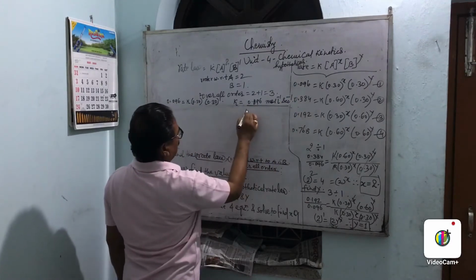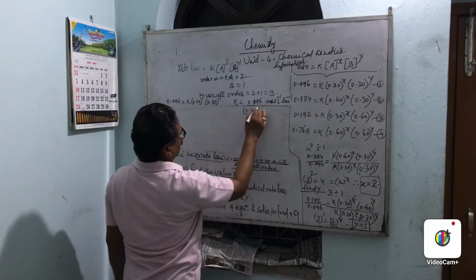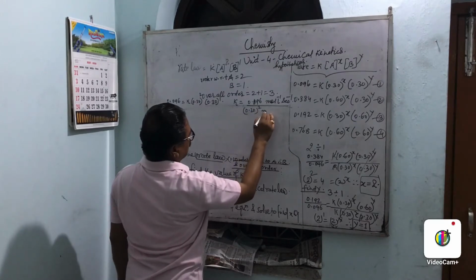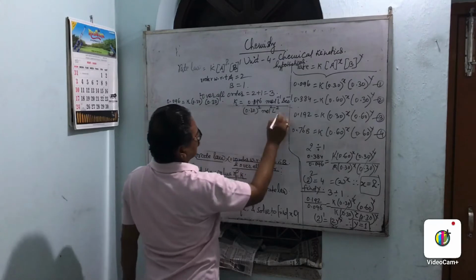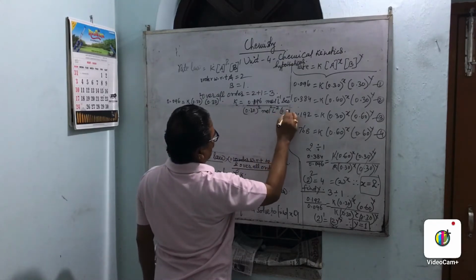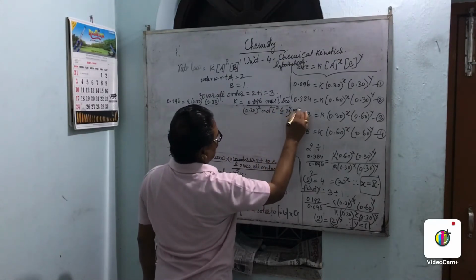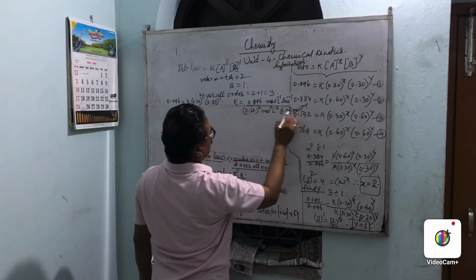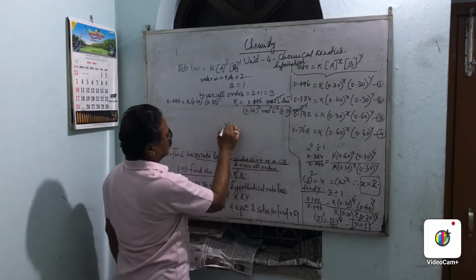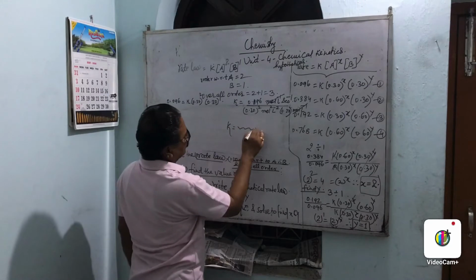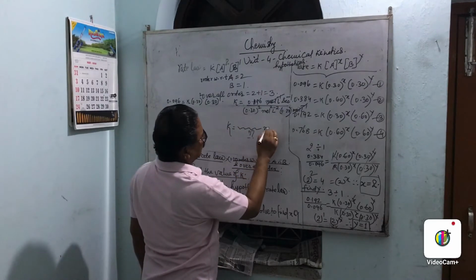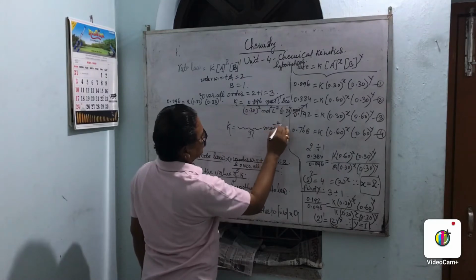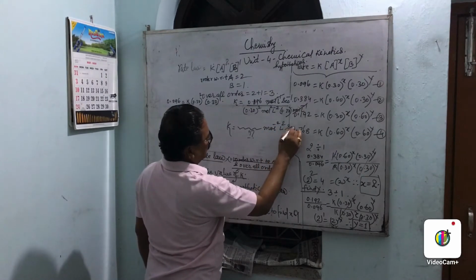This is 0.30 to the power 2, and the unit is mole square liter minus 2. And what is this part? 0.30, and this is mole per liter. So this mole per liter will cancel out. K, the numerical value, is your part, you solve it. Now the unit comes to be mole minus 2 liter square and second inverse.